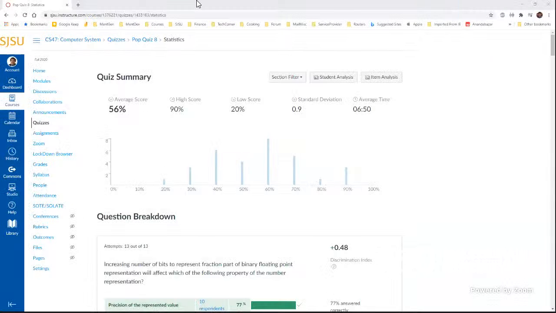Here it goes. So basically, we have an average score of 56% with a high score of 90%. That's the quiz score. So what's next? Today is our last theoretical class, and for the next 2 days we will be doing final exam review.